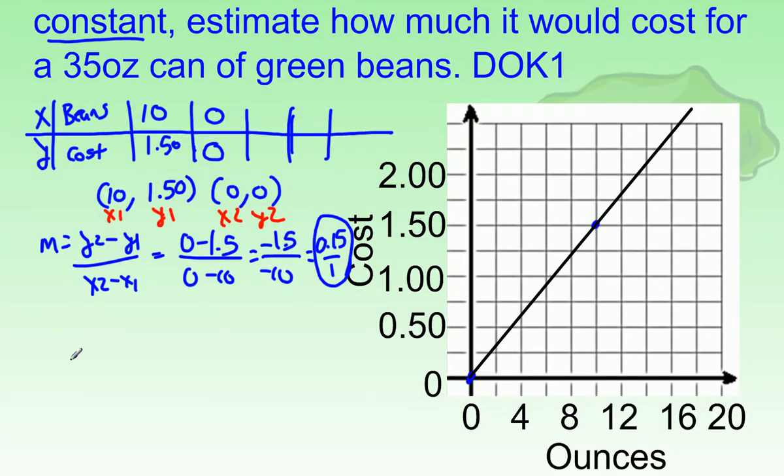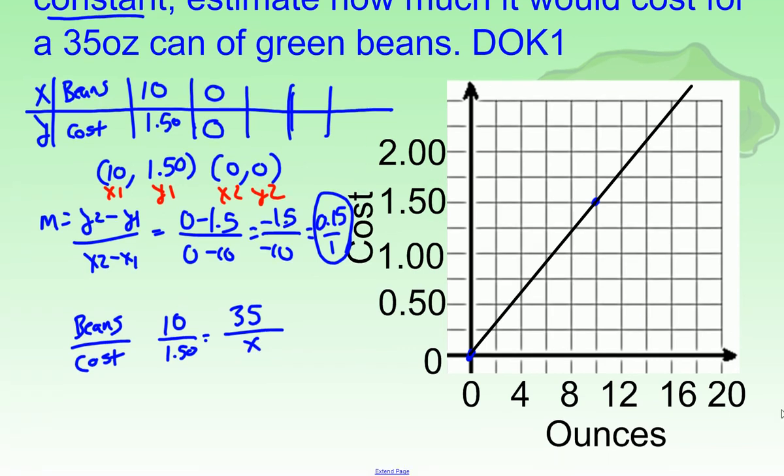So we could say beans over cost. Well, if you could buy 10 ounces of beans for $1.50, how much is it for 35 ounces of beans? Ah, this is making a bit more sense now.